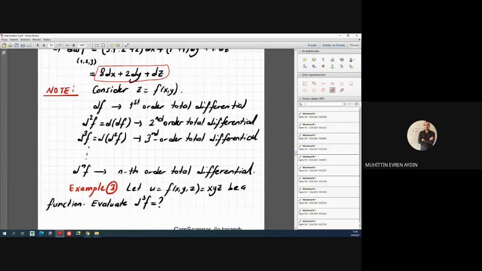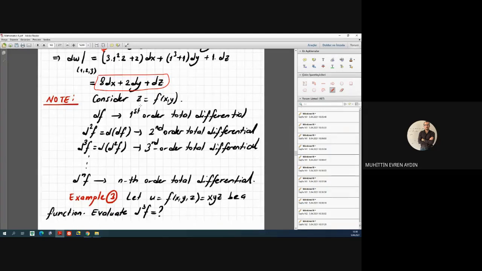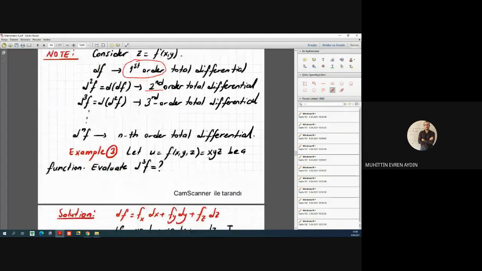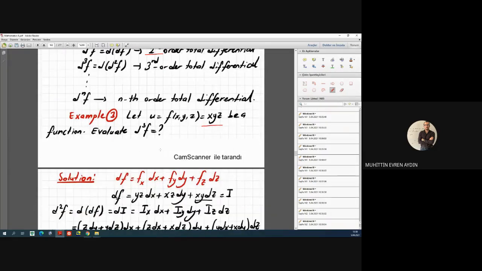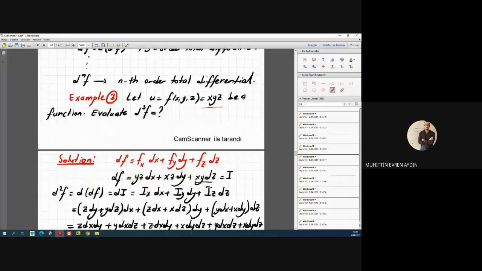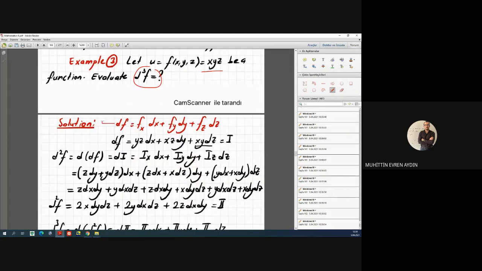By the way, the total differential we defined is of first order, and we may define second and third or the general order total differential. Let's look at this example, our function x, y, z, and let's find the third order total differential. Okay, we have this already defined.